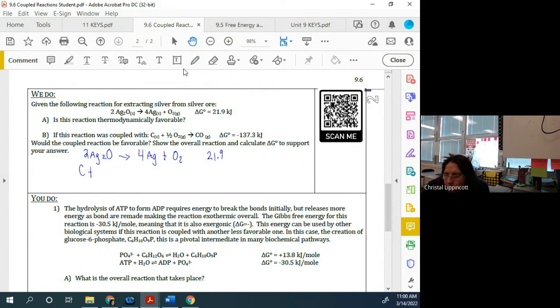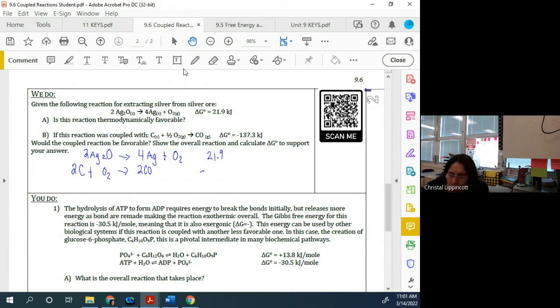Can you notice a problem as I go to write this? What do I need to do? Multiply it by 2, right? So I'm going to go ahead and do that as I write it down so that I don't have to go back and erase. And then what does that make me do to this value? Double it. Yep, I need to multiply it by 2.